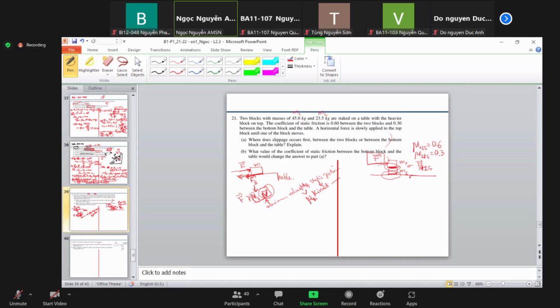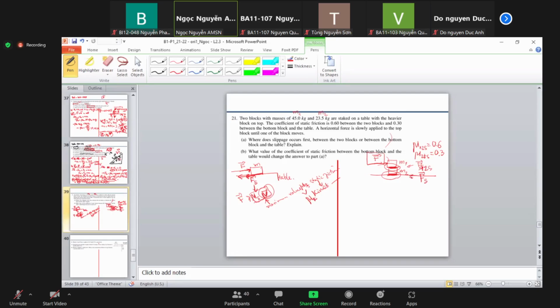And you can calculate the maximum static friction between M2 and the table, not only from M2, because M1 also acts with a normal force on this interaction. So it is not only the normal force from M2, but also from M1, so you can calculate the maximum value of static friction at this position.